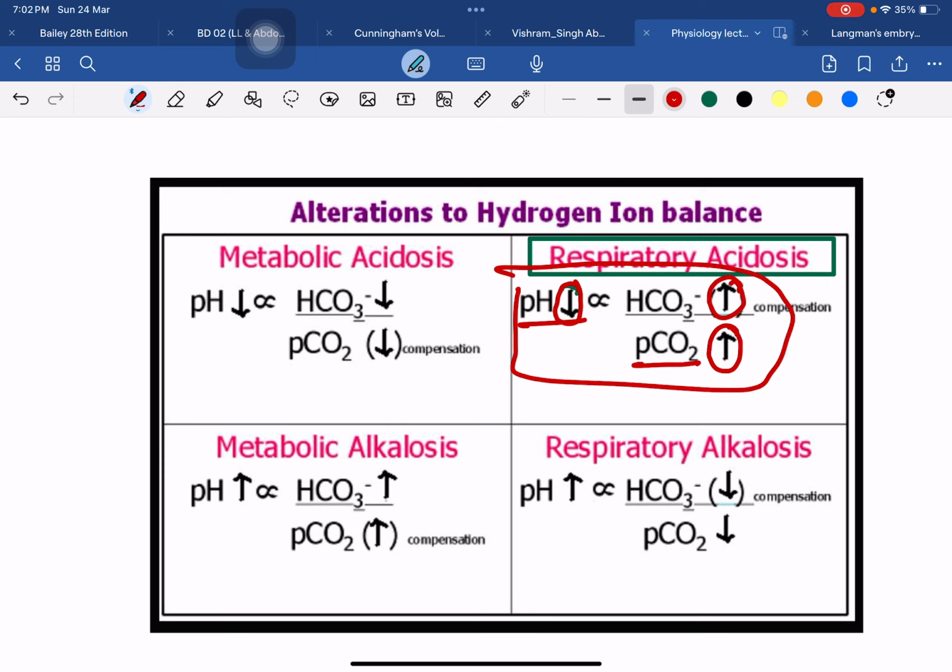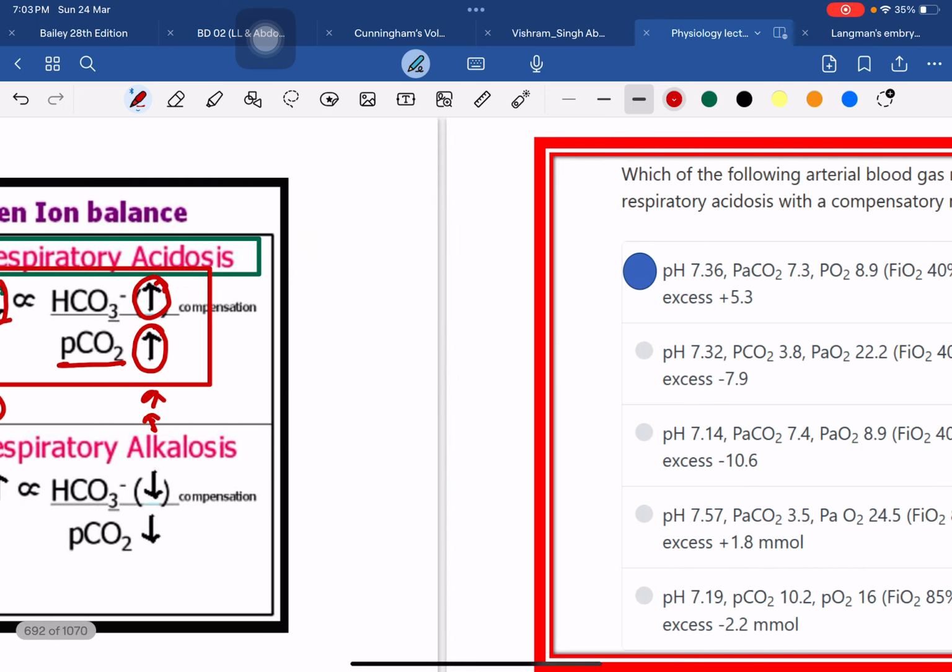In case of respiratory acidosis, pH reduces, and bicarbonate increases, and carbonic acid also increases. So when pH reduces in respiratory acidosis, the rest of the parameters will increase. This is the main important thing to remember to answer the question.